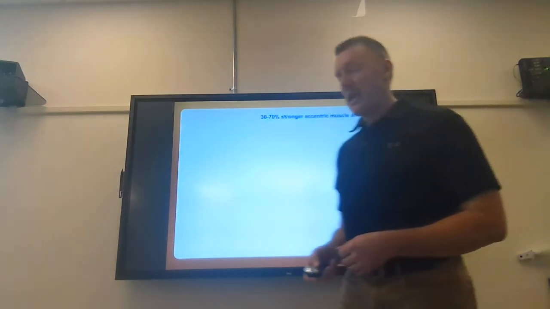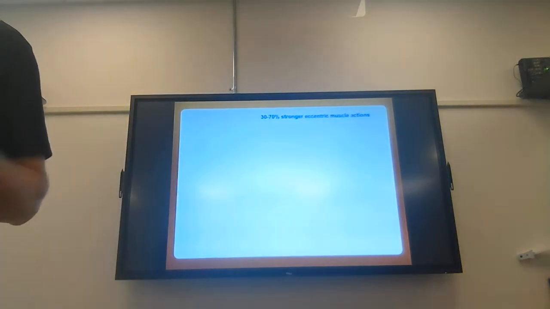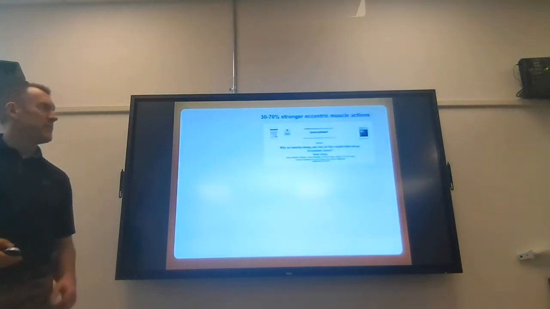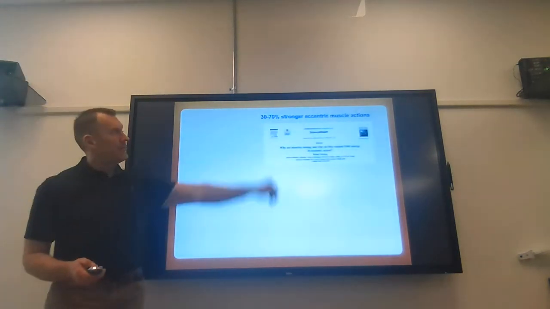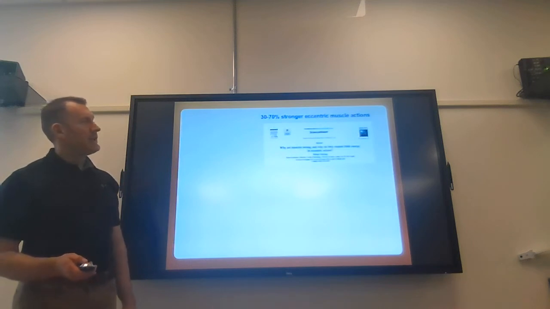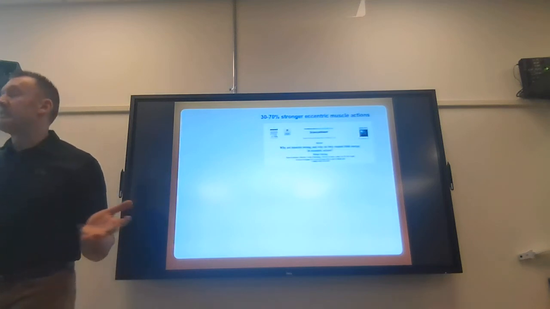In some of my other classes, we talk about this concept of being stronger during eccentric type actions. We can lower a lot more than we can lift, 30 to 70% more, in fact. There's some science behind this, and here's an article. Why are muscles strong, and why do they require little energy in eccentric action? That's the other thing about eccentric actions: not only are we stronger, but they're also more efficient.